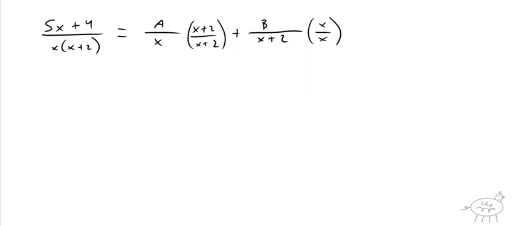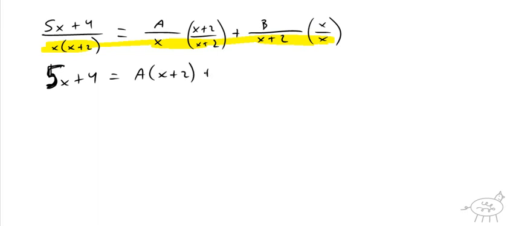I have the same denominator on both sides, x plus 2, so I can set the numerators equal. So 5x plus 4 equals A times x plus 2 plus B times x.